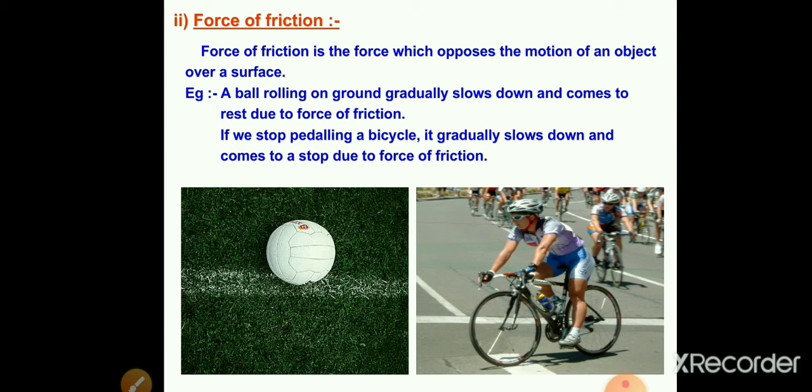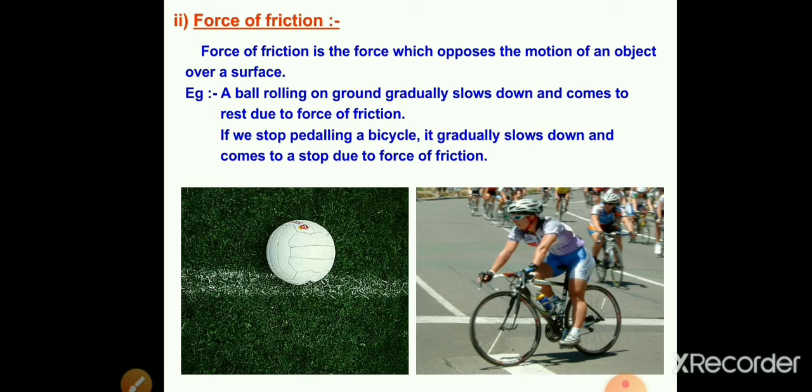It is produced when an object moves in contact with another object. The frictional force comes into play when the object is in motion, and it must be in contact with another object. So frictional force is produced when an object moves in contact with another object.